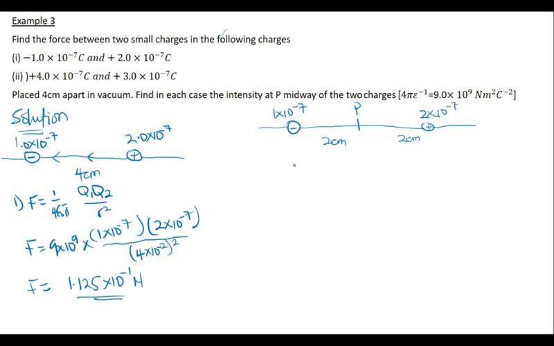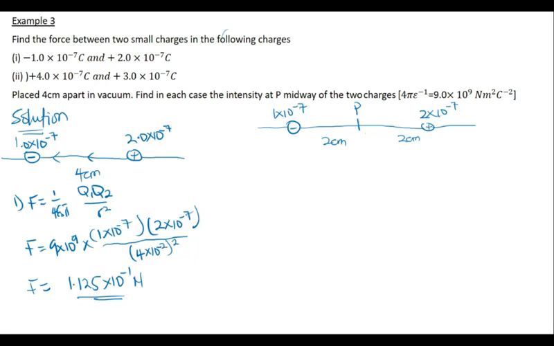Now we need to take note of the fact that, because of the direction of the arrows over here, the electric fields around these two charges are going in the same direction. If we find the electric field of the negative at point P, and the electric field of the positive at point P, we need to add the two to get the overall total electric field.